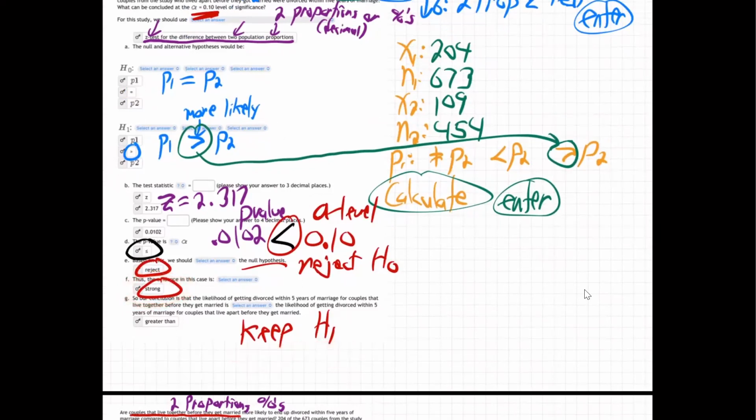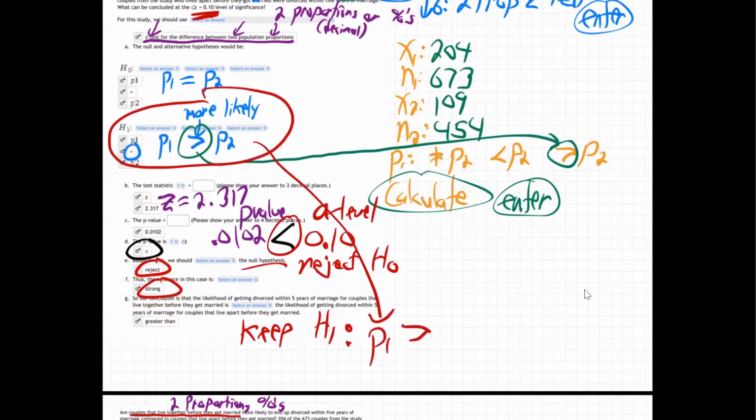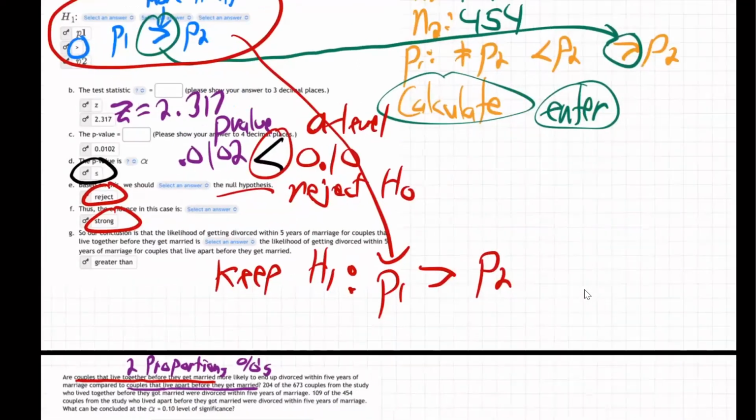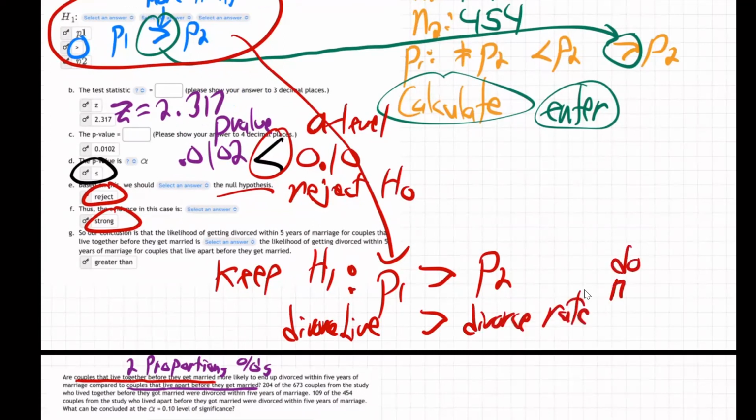So I'm going to keep H1, which means I'm going to grab what this attorney says and bring it down. What does he say? P1 is greater than P2. Great. That's what we believe. There's strong evidence that P1 is greater than P2, that those who live together have a higher divorce rate than the divorce rate among those who do not live together.